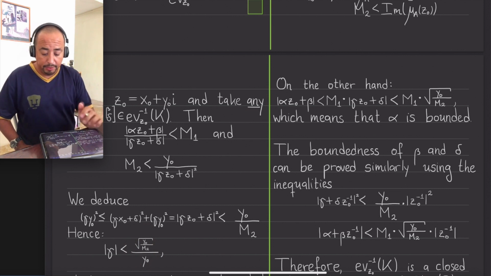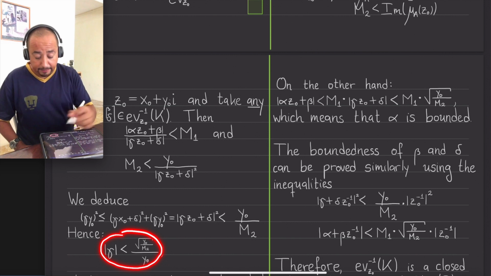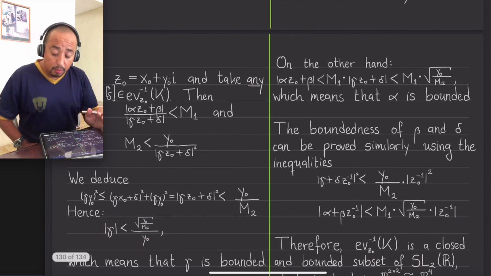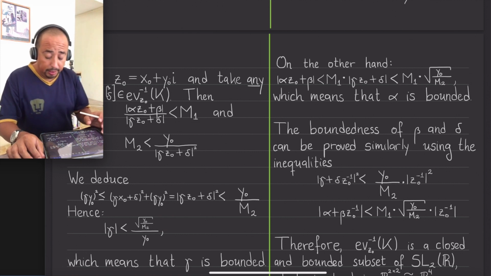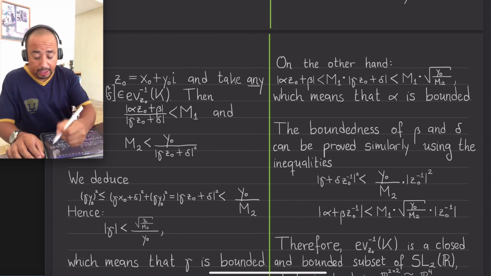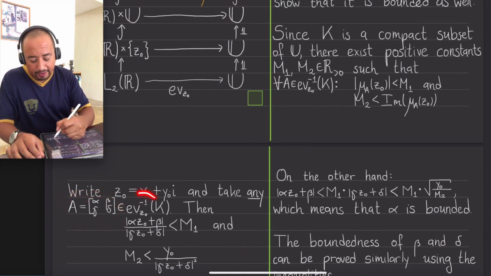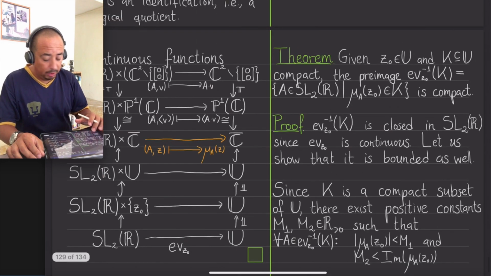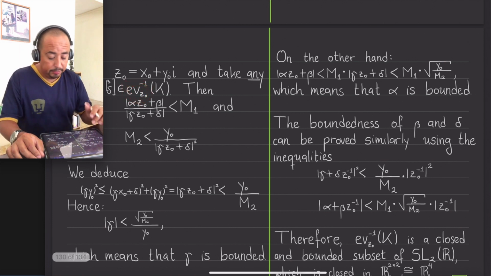Right? So this means that what I find is that gamma is bounded. Gamma is bounded. Okay, so we have been able to bound one entry of my arbitrary matrix. I mean, arbitrary in this inverse image, right? Which is in particular contained in SL2R by definition of the function Z0.